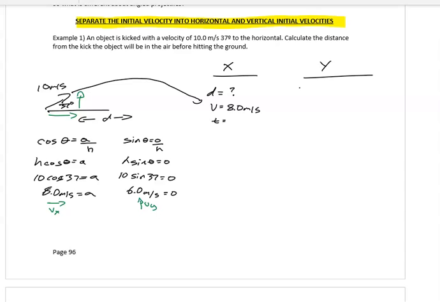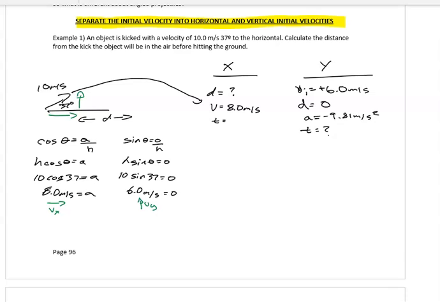In the y, the initial velocity is positive 6.0 meters per second. The displacement is 0, since it's landing at the same height. Acceleration is negative 9.81 meters per second squared. And we're looking for the time.